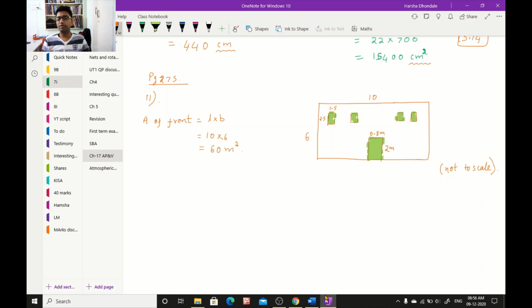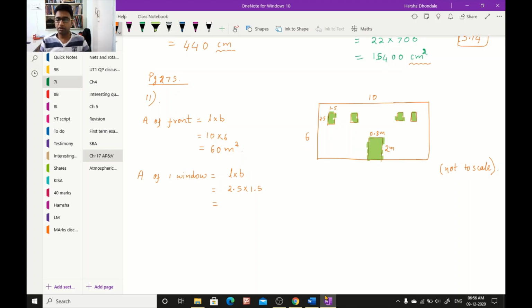We know that the measurements are in meter, therefore it is 60 meters square. Now area of one window equals again length into breadth, and that will be 2.5 into 1.5.